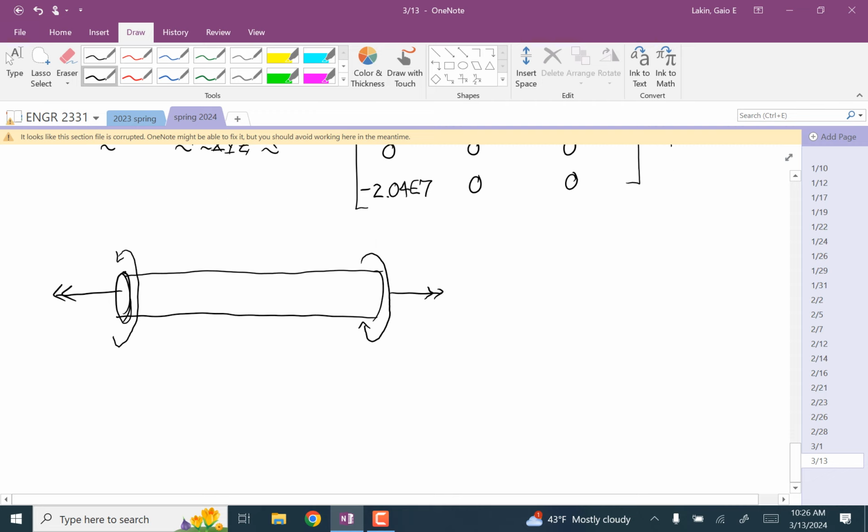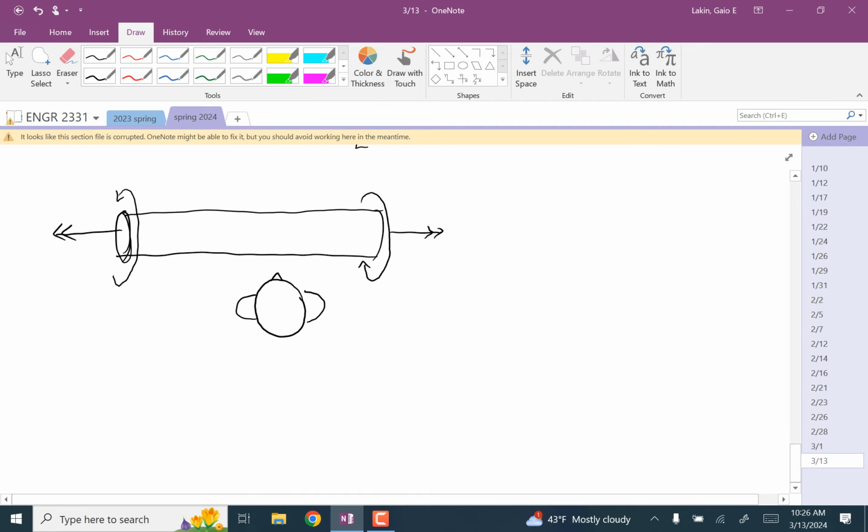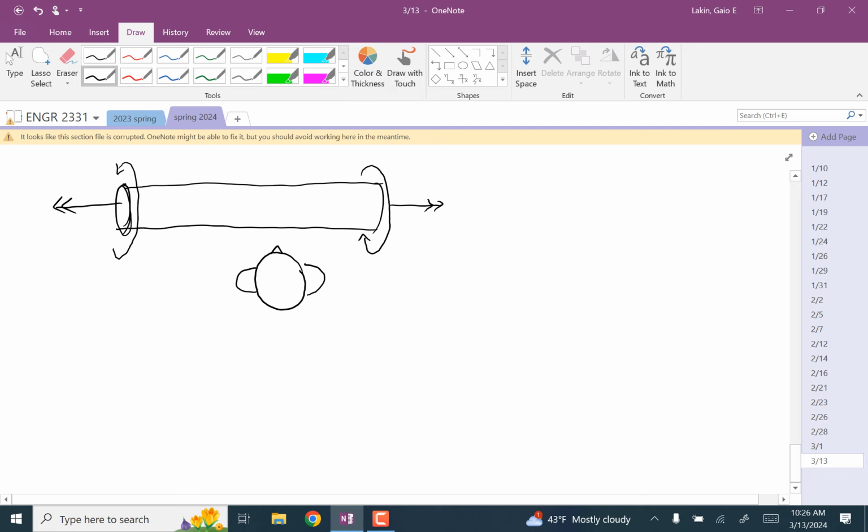Okay, and so now imagine that you're looking at this like this. There's your nose. Got your nose. There's your shoulders. Okay, are you with me on that? Okay, so what do you see?